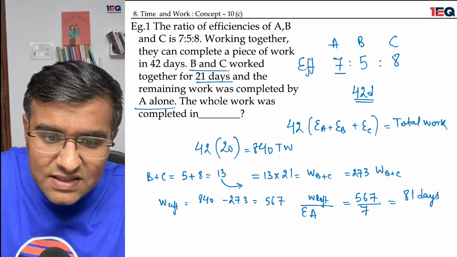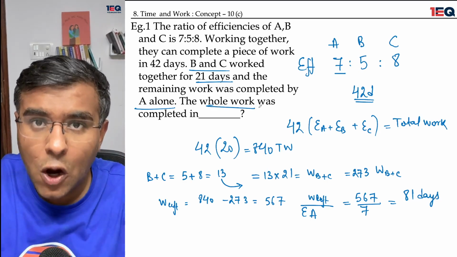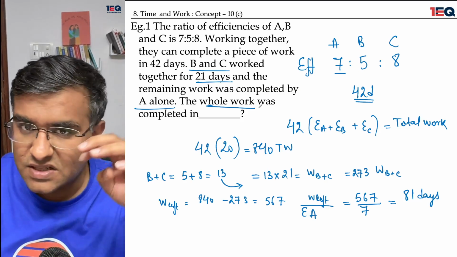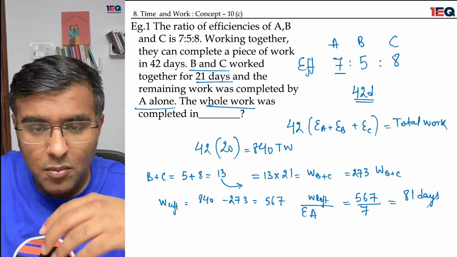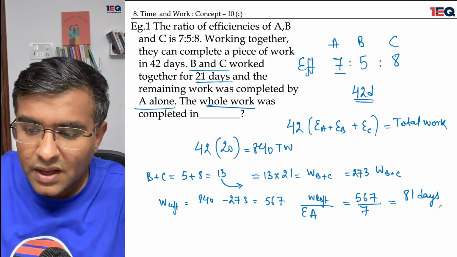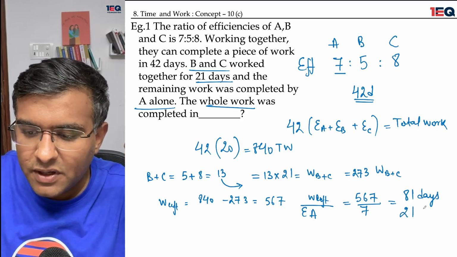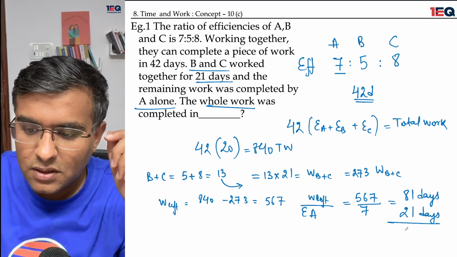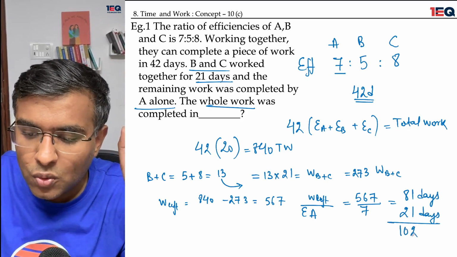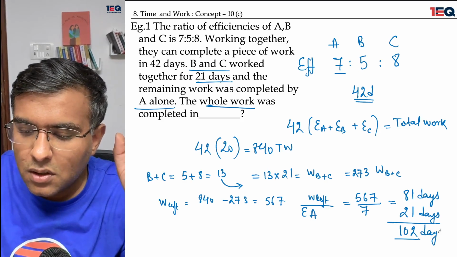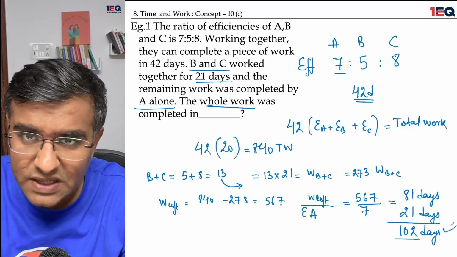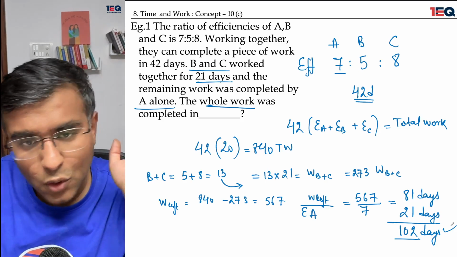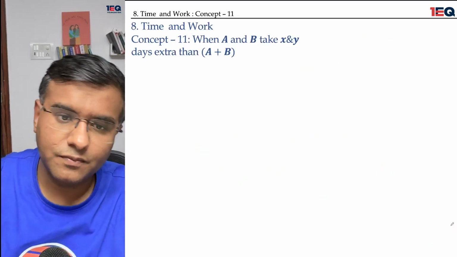The question says the whole work was completed in how much time? We have 81 days, which is the clear answer, but it is not the final answer. 81 days needs to be added with 21 days for which B and C worked together. This gives me an answer of 102 days. So, wherever you find 102 days as the answer, that would be the final answer. Good enough? Let's move on.